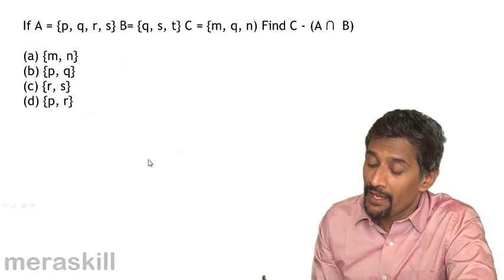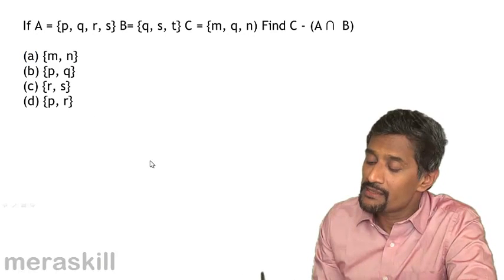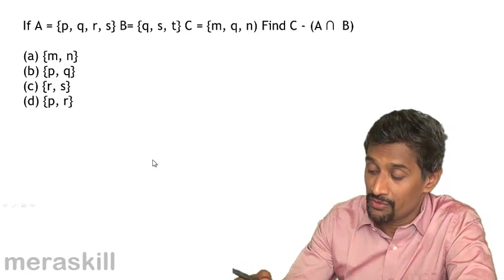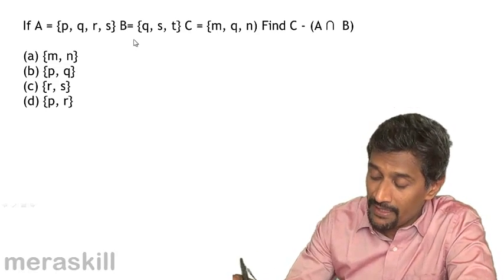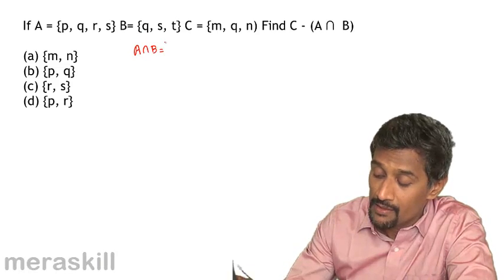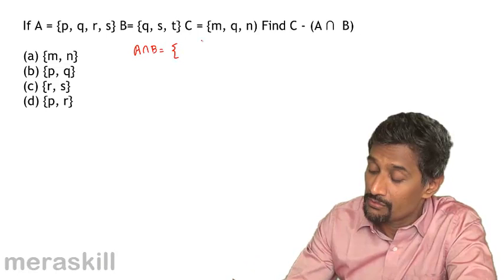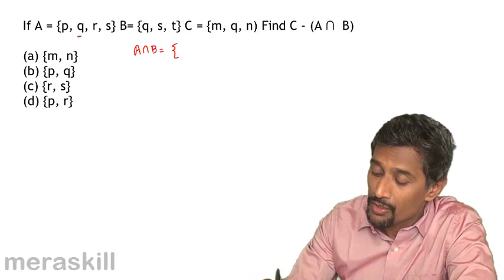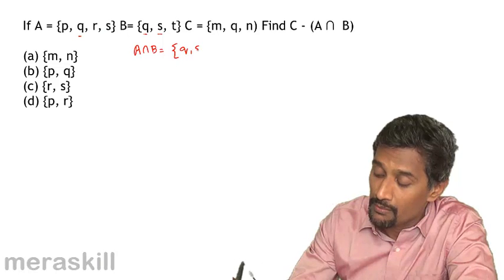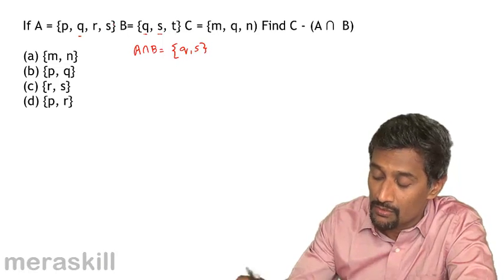Now A is {P, Q, R, S}, B is {Q, S, T}, C is {M, Q, N}. Find C minus A intersection B. Let's find out what A intersection B is. A intersection B is Q and S. T is not present.